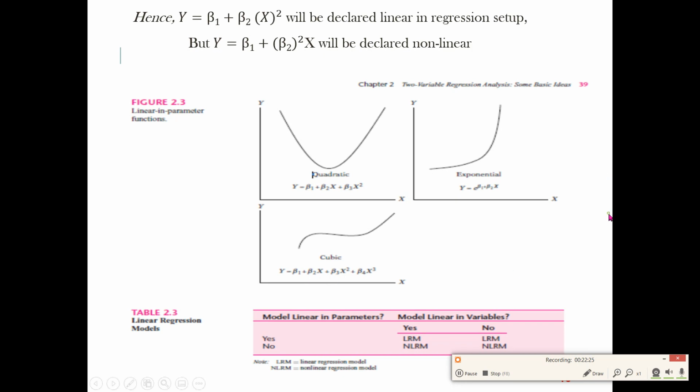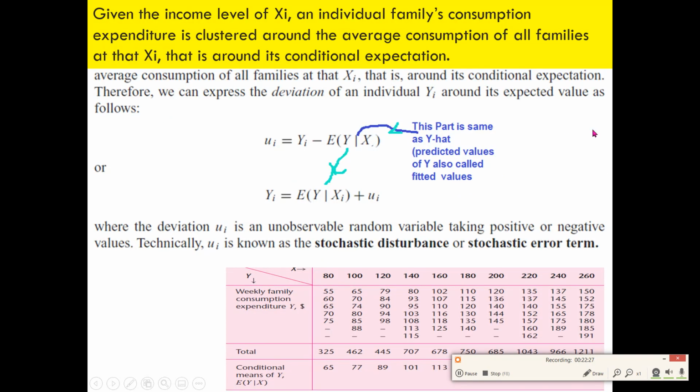So let's proceed further. Coming back to the example of consumption and income. And by the way, for your convenience, this image is displayed here again. So given the income level of xi, let me restate.